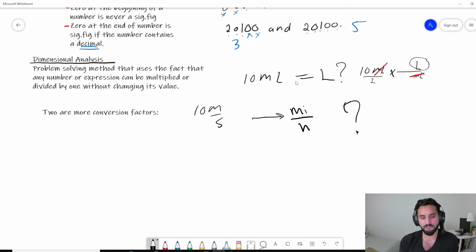So how many milliliters in a liter? We know that 1000 milliliters equals 1 liter. So then we do a calculation: 10 divided by 1 times 1 divided by 1000. Let's do that here.